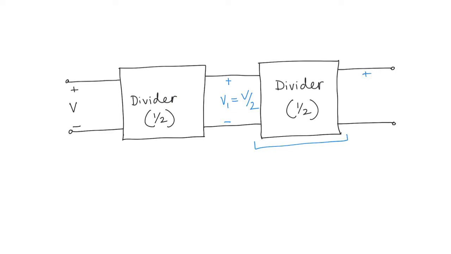So we get V2, which is equal to V1 over 2, which is equal to V over 4. Ideally, if we put two divider blocks, we expect both of them to divide the voltage by half each, and so the total voltage is going to be divided by 4 times.